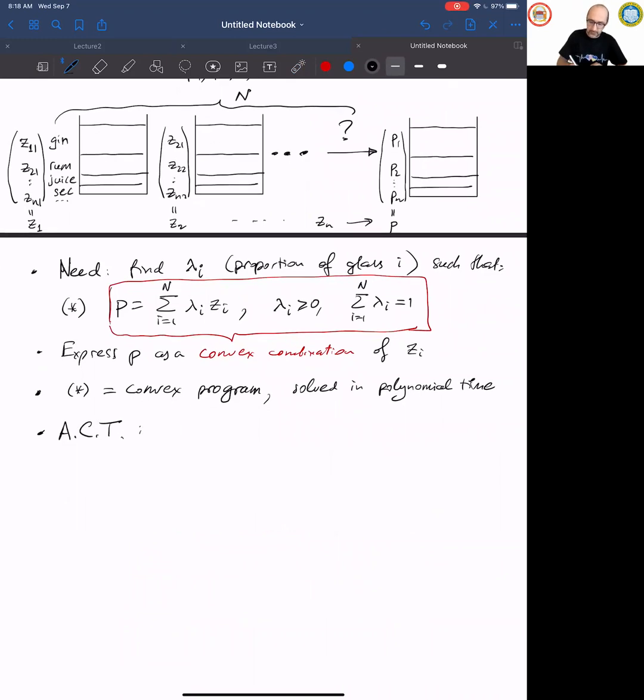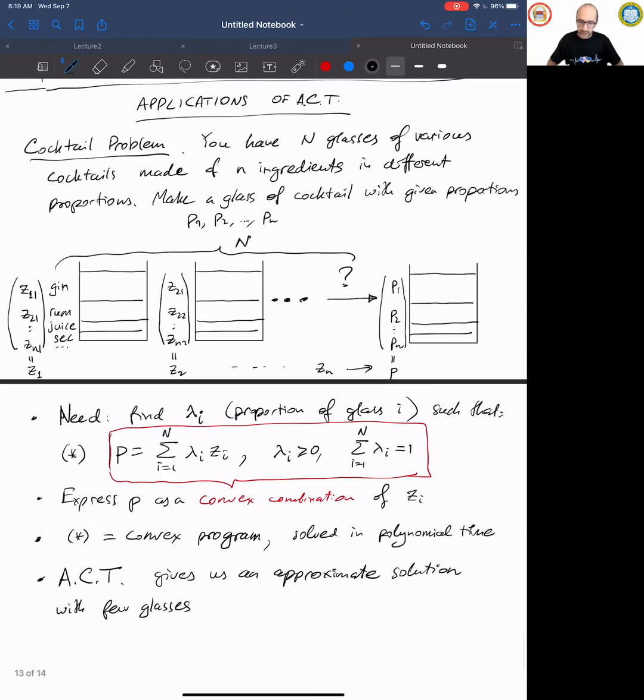So the Approximate Carathéodory Theorem gives us an approximate solution. This is where it is weaker, but where it is stronger is that it only requires a few glasses; not all of them will be used.